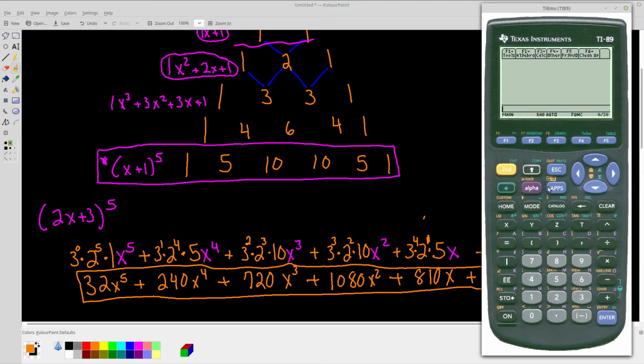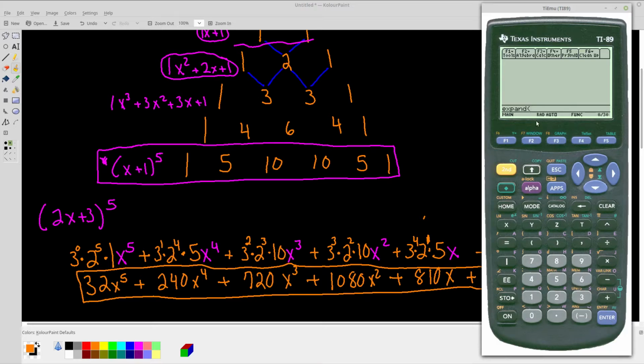Now this calculator can do all the algebra. I should call it a computer, but it really is. These calculators, back when I was in college, were awesome. They would do a lot of the algebra for you. What I need this thing to do is expand this binomial.